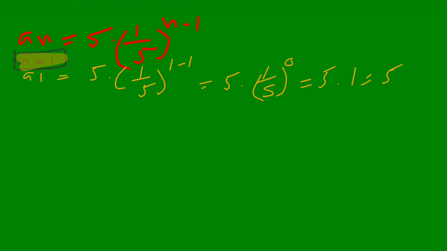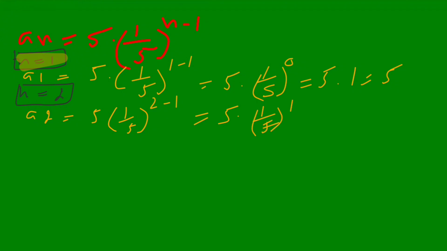Now we put here n is equal to 2. A2 is equal to 5 into 1 over 5 whole power 2 minus 1, is equal to 5 multiply 1 over 5 whole power 1. 5 cancels, and the answer is 1.